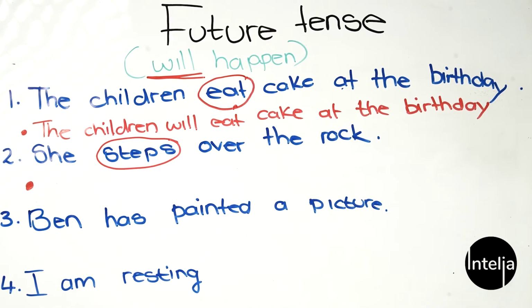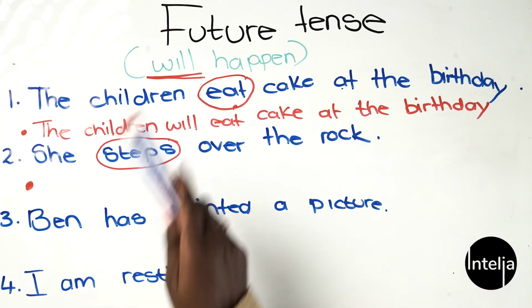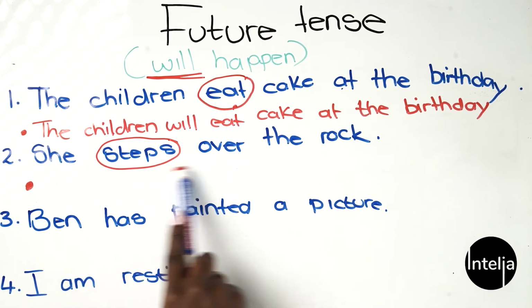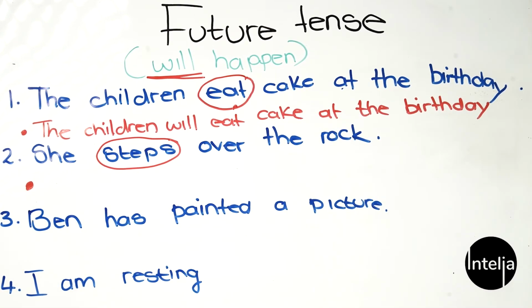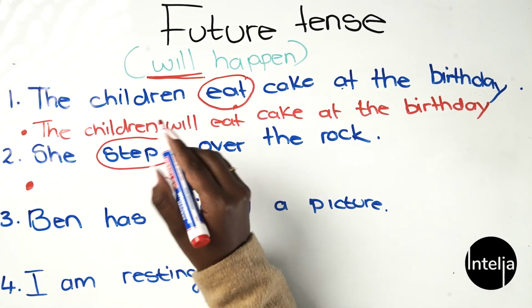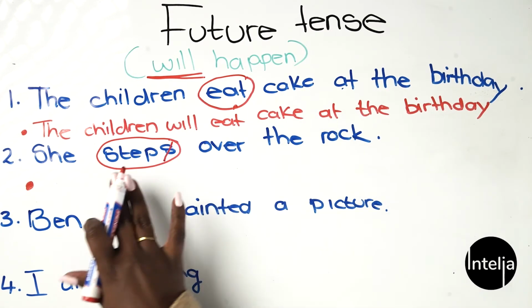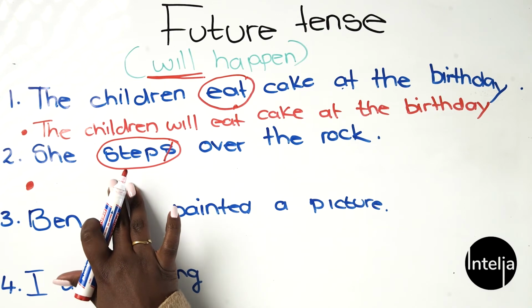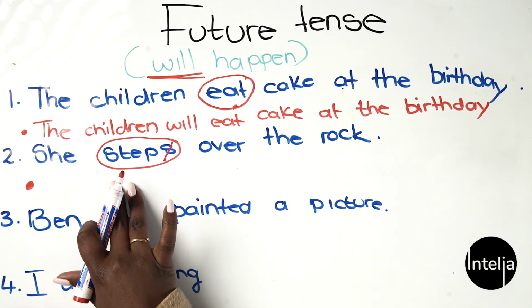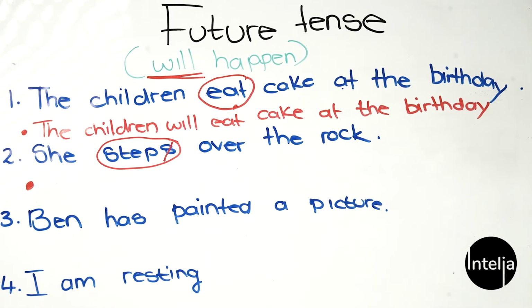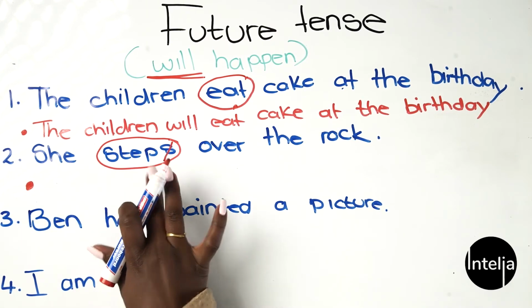How do we change the sentence now into future from what it is, which is present? That's right. We are going to take away our S, which now changes it from an action verb into a verb. And then we're going to put will before step.